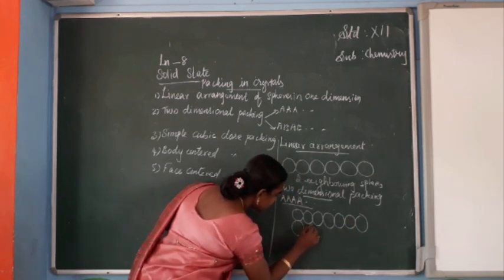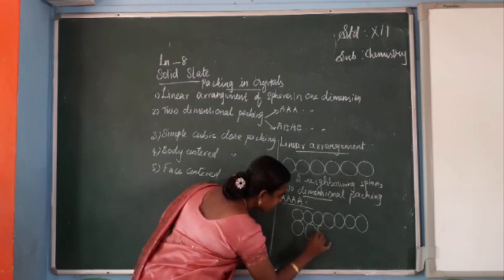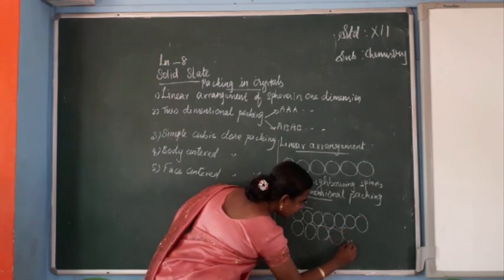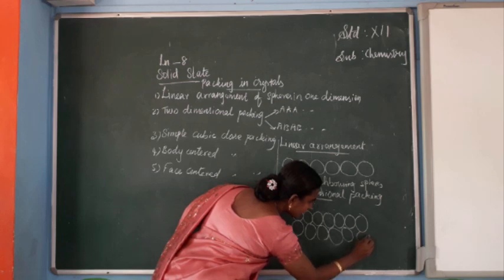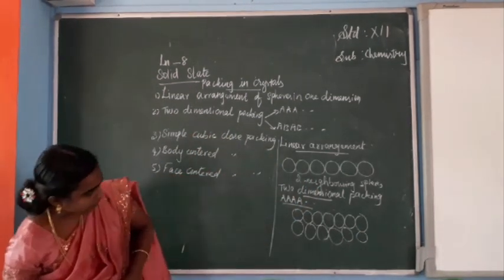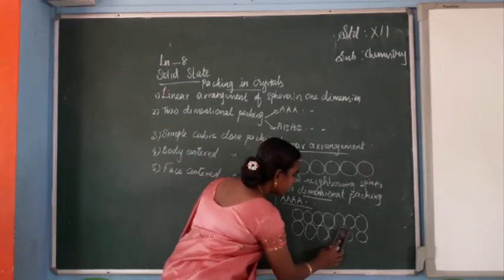If spheres are arranged like this, we can call it A type.